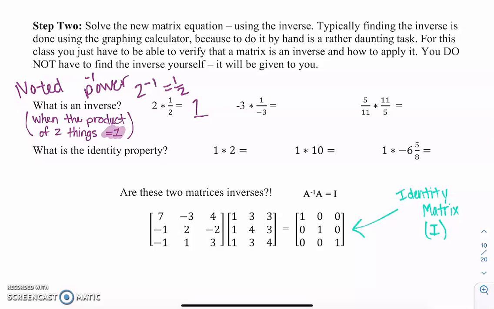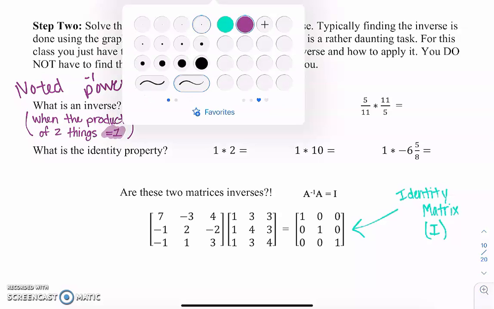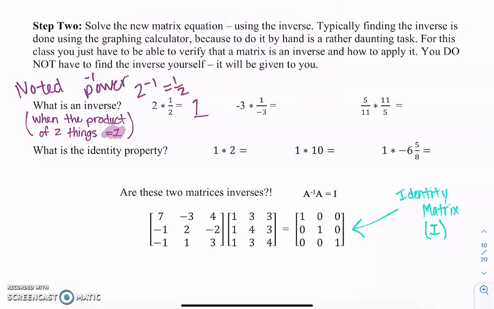So 2 to the negative first is 1/2. 2 times 1/2 equals 1. -3 times -1/3 equals the value 1. 5/11 times 11/5 equals the value 1. If you typed 5/11 to the negative first, you would get 11/5.